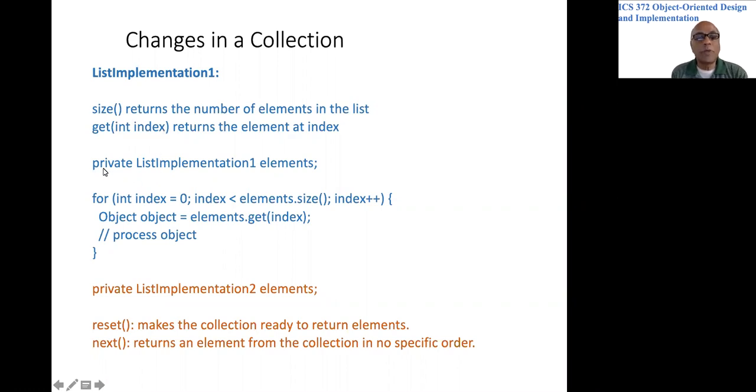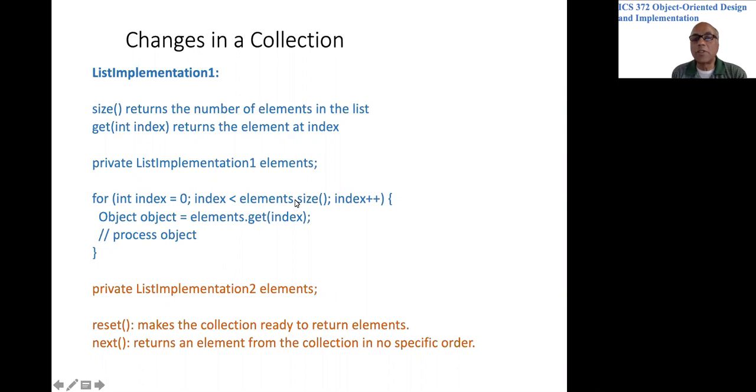So one could have a client coded like this: private list implementation 1, let's assume that is the class name, elements. And let's assume that there is code to create this object, put stuff into that collection, etc. But let's focus on this particular piece of client code. The client has written: for int index equals 0, index less than elements dot size, where elements is the collection.